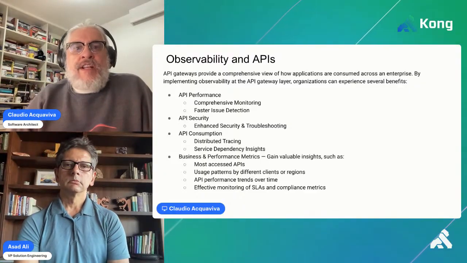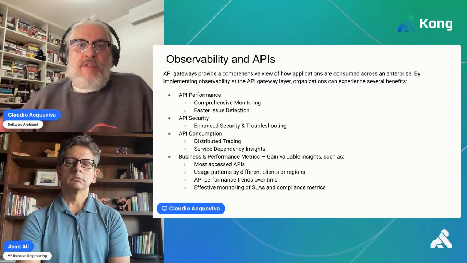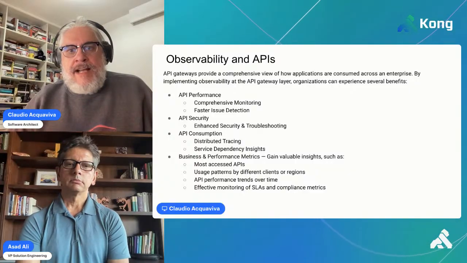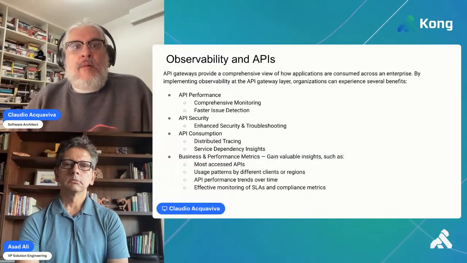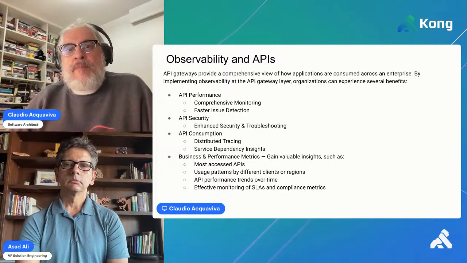For instance, you can start identifying the API performance, for instance whether the APIs are being consumed with nice latency times and so on. If you have any problem with latency, not just with the API gateway, but with the application sitting behind it.